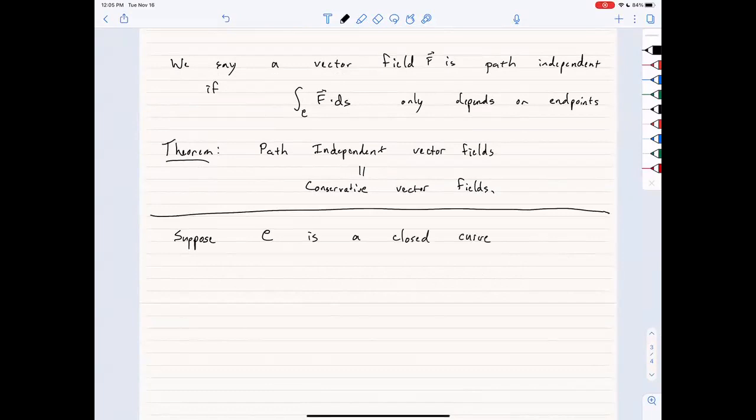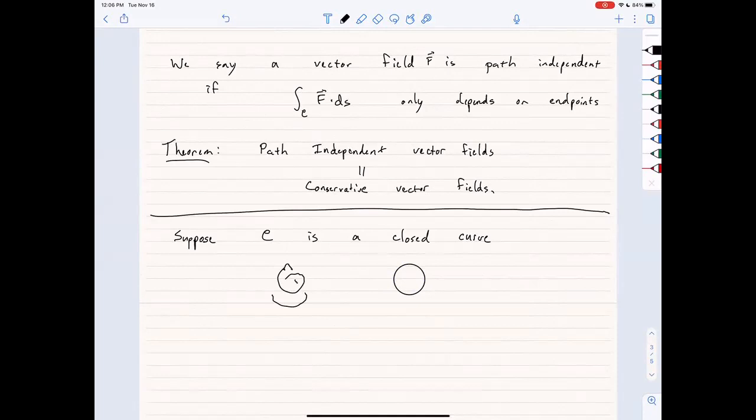What does that mean? That means no endpoints. So it could be just some kind of circle. If you're in higher dimensions, you could imagine some kind of a knot tied up. Something that has no beginning and end.